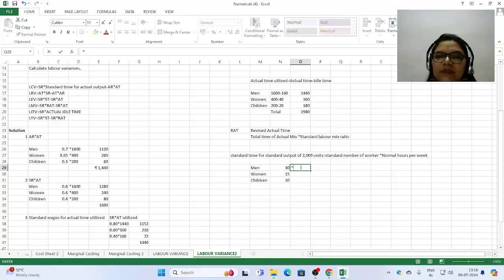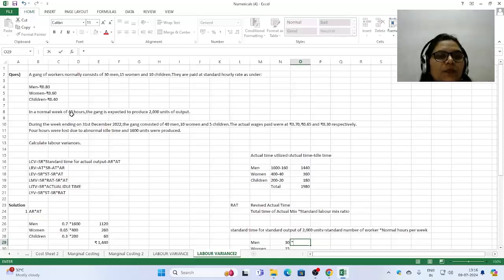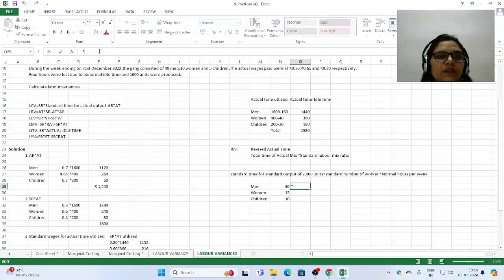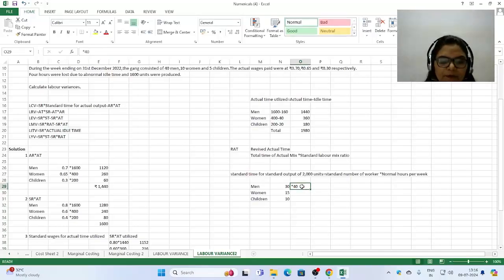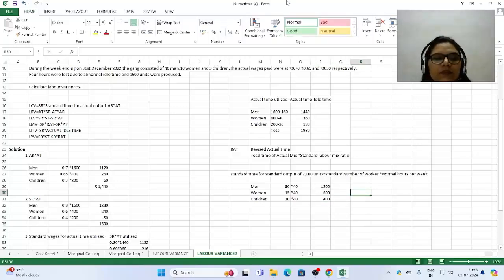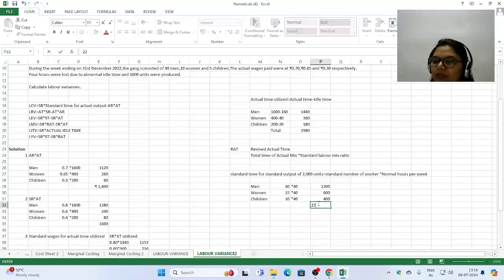Multiplied by normal hours per week. We know normal hours per week are 40 hours. It will be same for all three. 1200, we will get 600, next 400. Now total time is 2200 hours.